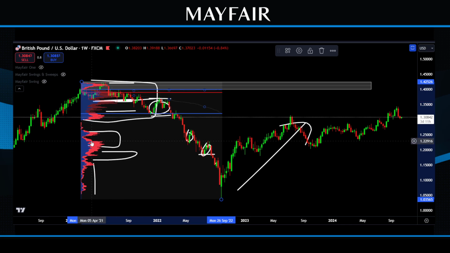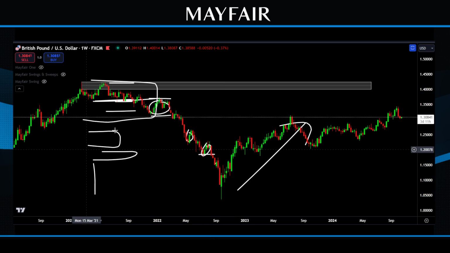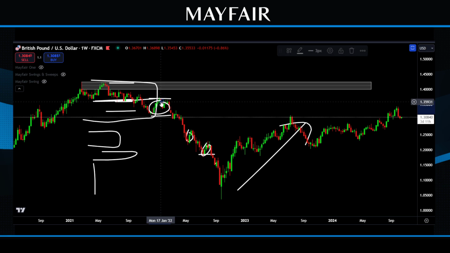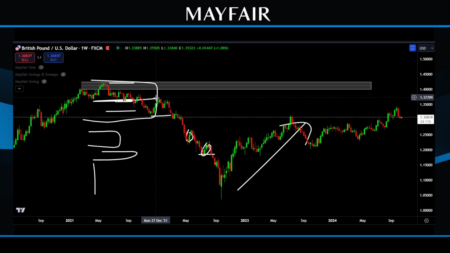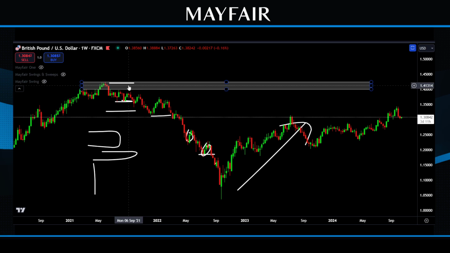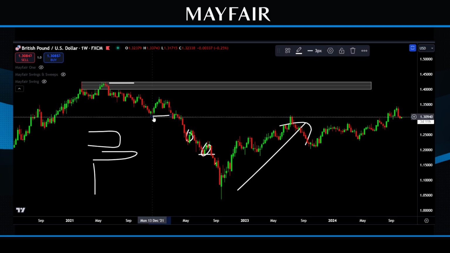Now, we could zoom into this, we could add the numbers to this. We could find as much data as we really need. But the whole point of the mechanical process is to break down and simplify what we're actually looking for. So I don't need to know, oh, there's my exact POC, there's my exact volume bump or spike.